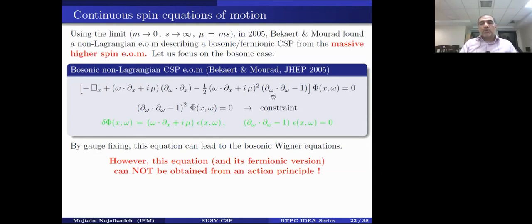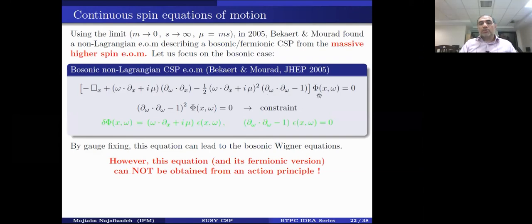One is going to the Fourier space of omega. I mean, if you write this equation by a trick in eta space, we will discuss about it later. If you write this equation in eta space, you will find that this equation can be obtained from an action, which is Schuster-Toro action.